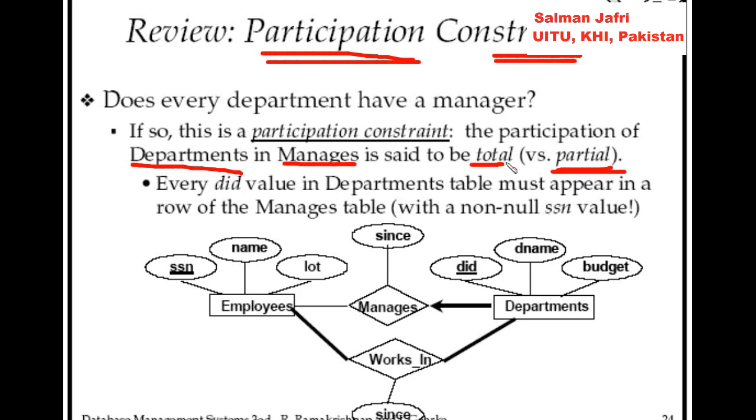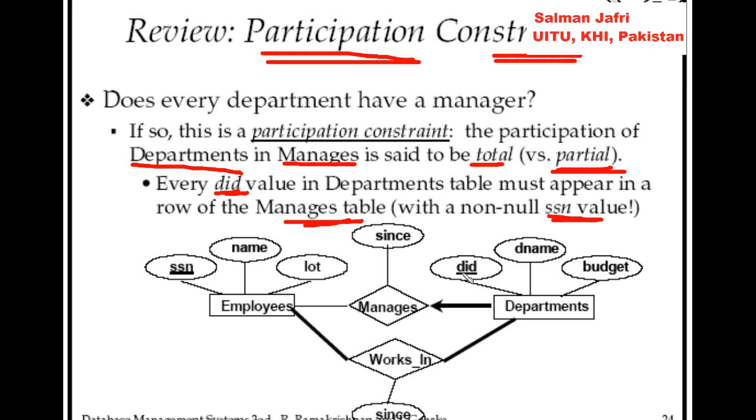So what do we mean by this? Every department ID value in the departments table must appear in a row of the managers table with a non-null SSN value. So in the managers table we would have SSN, we would have since, and we would have DID, or the department ID.